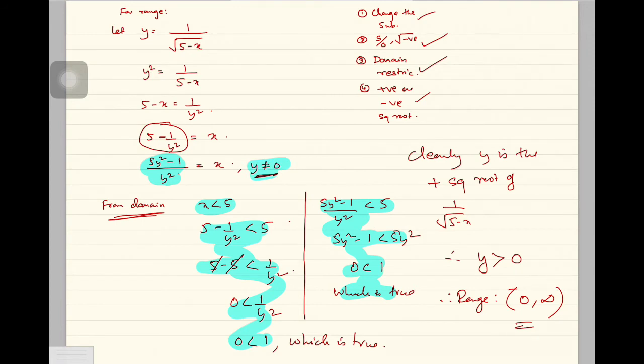That's one condition, keep in mind. The other thing, y is a positive square root, 1 by root of 5 minus x, which proves that y has to be a positive number, and y can't be 0. So clearly y is greater than 0, and that's why we got the range 0 to infinity. Got it? So this is how we solve this particular sum.